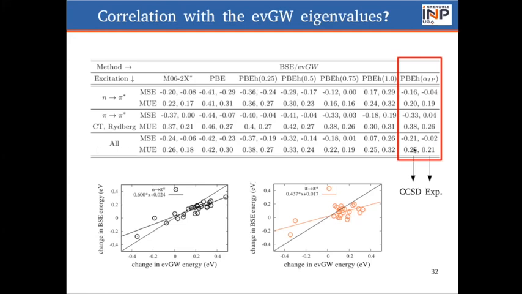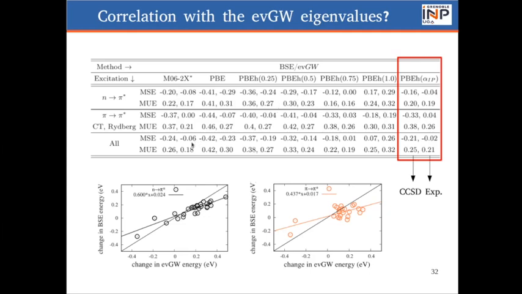Again, we go from PBE to PBE0 to PBE-hybrid, from 0 to 100%, and then we go to the orbital-tuning. These are the errors computed: the mean signed error and the mean absolute error with respect to coupled cluster and experiment. I think it's fair to compare with coupled cluster more than experiment, because in some cases the experiments have been performed in solution.